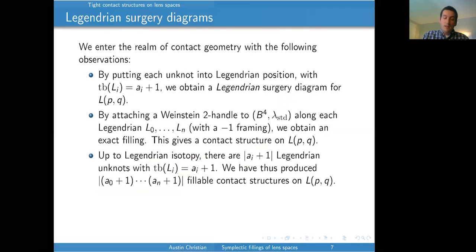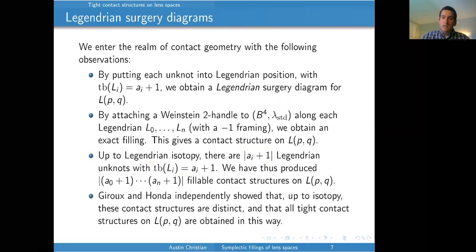I can't claim at this stage that they are distinct, but Giroux and Honda, a little over 20 years ago, independently showed that these are in fact distinct up to isotopy, and they give you all tight contact structures on this given Lens space. So there's our full classification of the tight contact structures on Lens spaces: they're all in this nice diagram, this Legendrian surgery diagram.